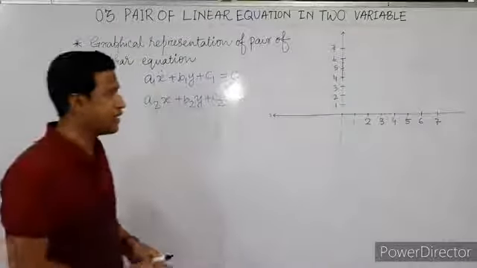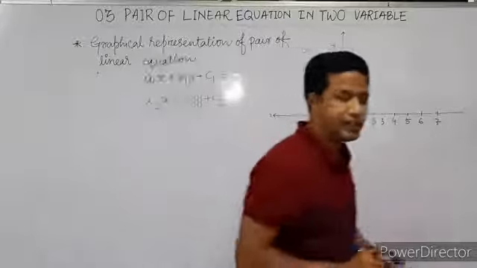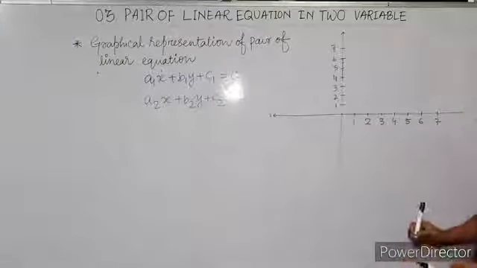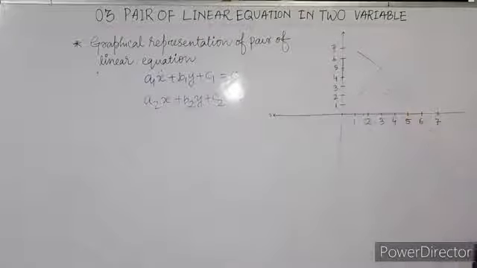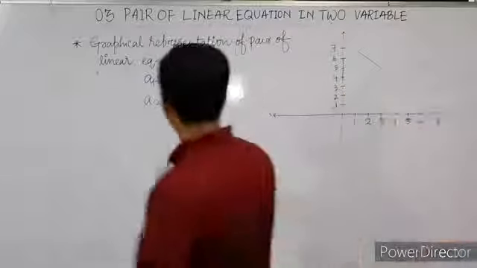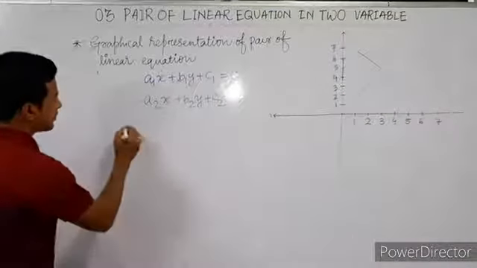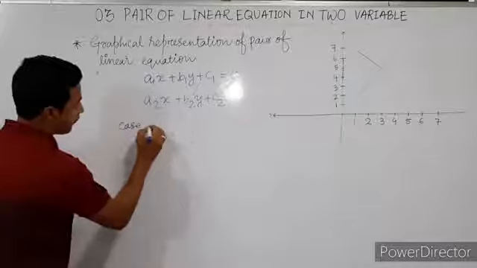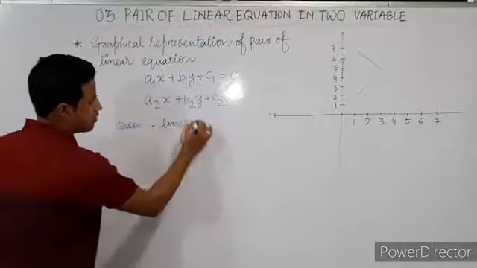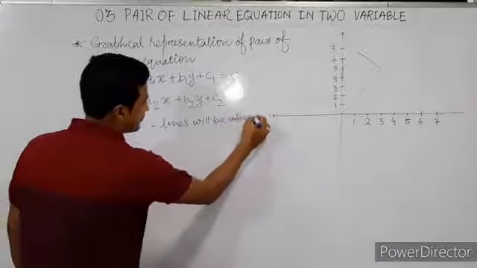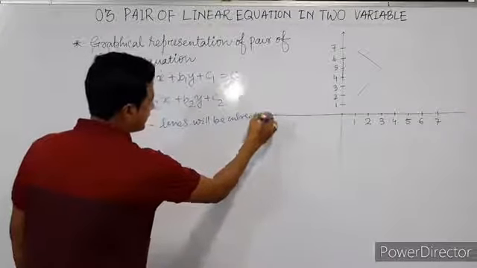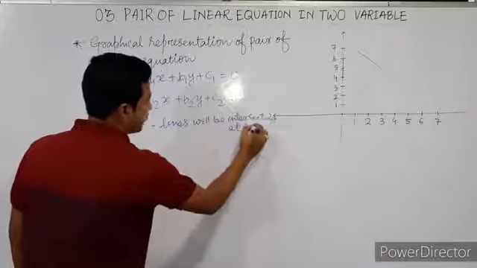We may find that the two lines are intersecting each other. What does it mean? When you plot the graph, in the first case the lines will be intersecting at one point.